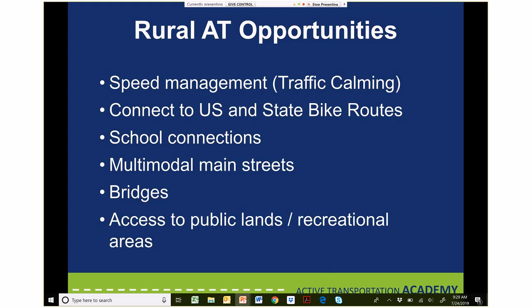And so, there are opportunities for traffic calming, there are opportunities to connect to U.S. and state bike routes, there are opportunities to connect to different schools, to make your main streets more multimodal, to utilize bridges and to make them safer for pedestrians and cyclists, and then to provide access to public lands and recreational areas that might be unique to your community as opposed to a more developed or urban area.